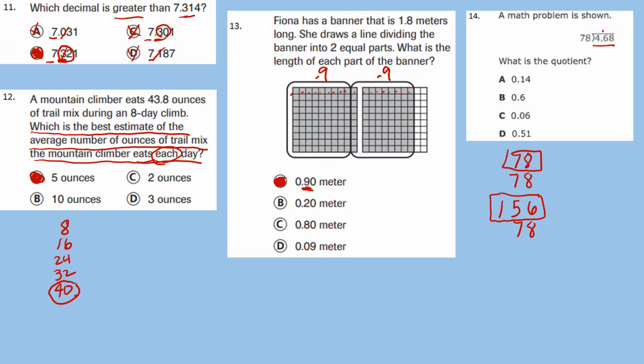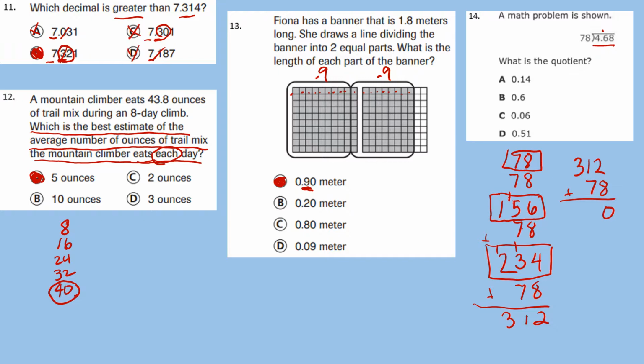There's two groups. 8 plus 6 is 14. 234, plus 78, 312, plus 78, 390, plus 78, 468.